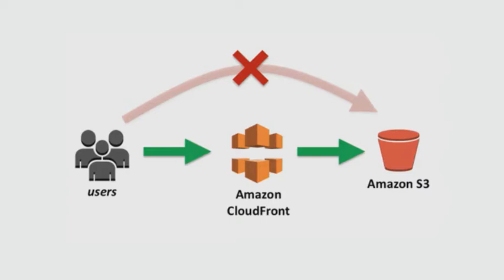CloudFront includes additional protection against malicious exploits. To provide these safeguards, CloudFront integrates with both AWS WAF, a web application firewall that helps protect web applications from common web exploits, and AWS Shield, a managed DDoS protection service for web applications running on AWS. The goal here is to place layers of protection between your user requests and the data origin, but to do it in such a way that it does not impact performance.